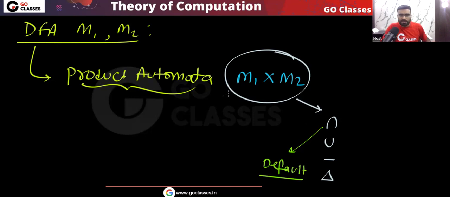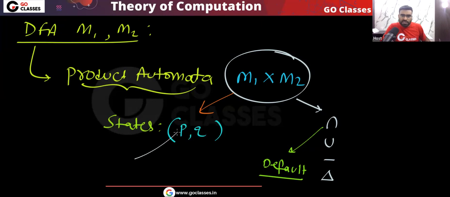In this product automata, what are the states? The states will be ordered pairs of states of M1 and M2, like P, Q, where P is the state of M1 and Q is the state of M2.